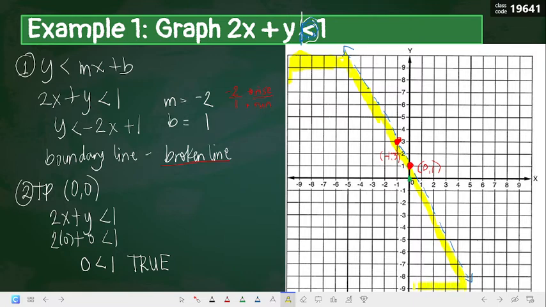Ayan. So, ibig sabihin niya, yung solution natin, lahat ng nandito sa part na to, kapag sinubstitute mo siya dun sa given na inequality, true ang lalabas na sagot. Okay, so sana na-gets to.